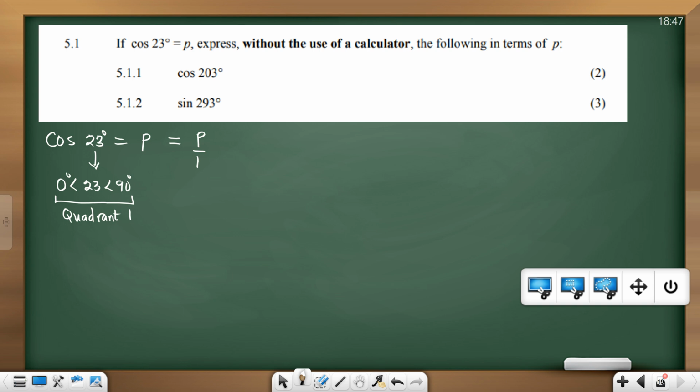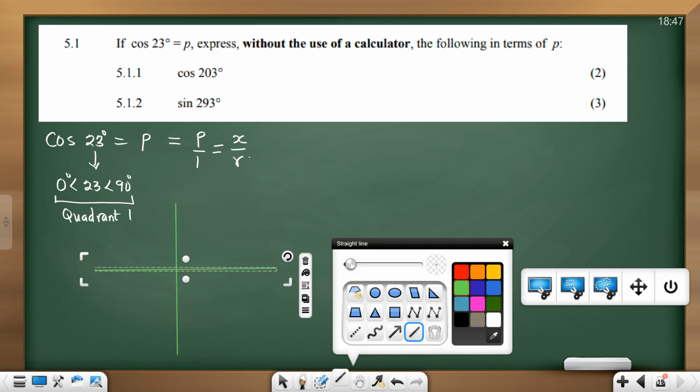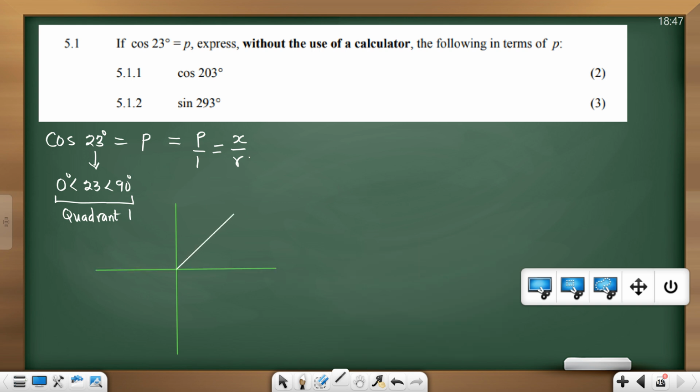P over 1. Now, what is cos again? X over R. Oh, beautiful. So I am in the first quadrant, and that angle is 23 degrees. My X value this time around is P and my R is 1.